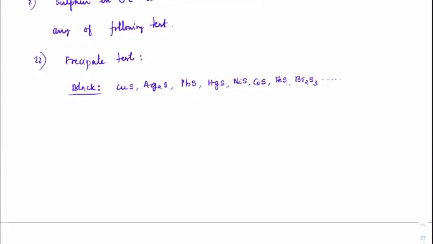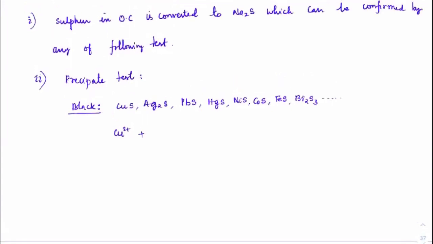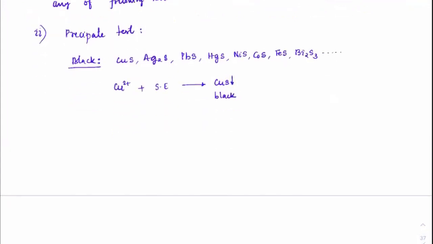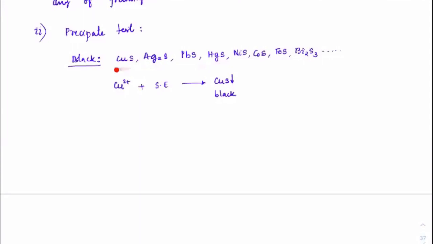So if you take any of their respective salts, for example, some Cu2+ salt like copper sulfate, and add it to the sodium extract you have just obtained, immediately it will become a black precipitate of CuS. So that itself will confirm the presence of sulfur. Got it? So we can use all of these black precipitates.